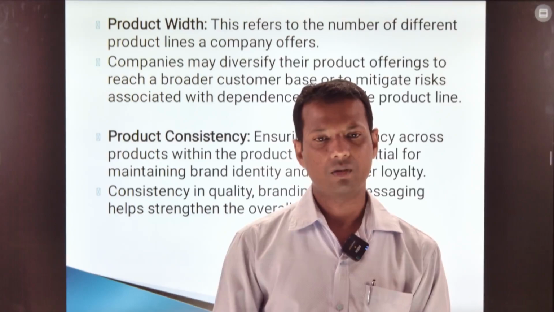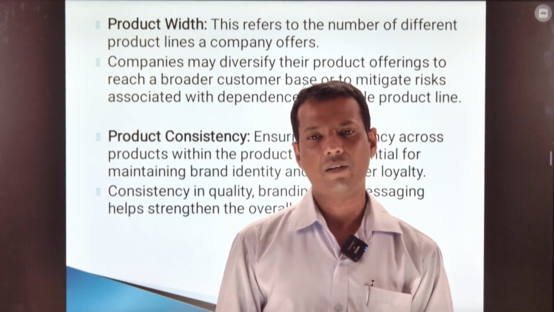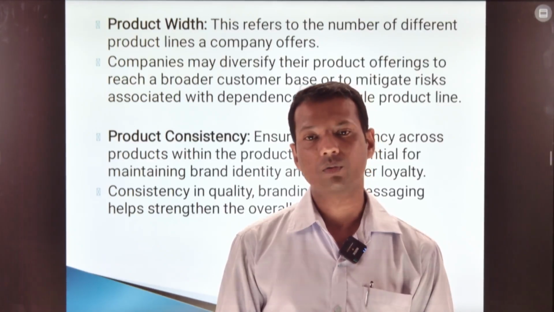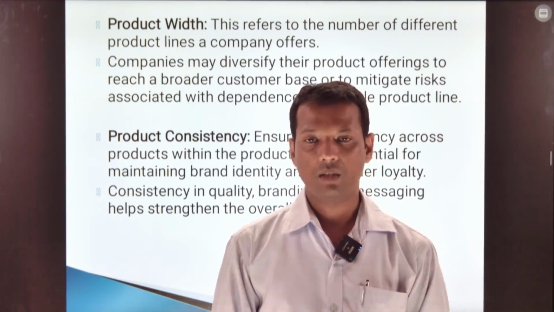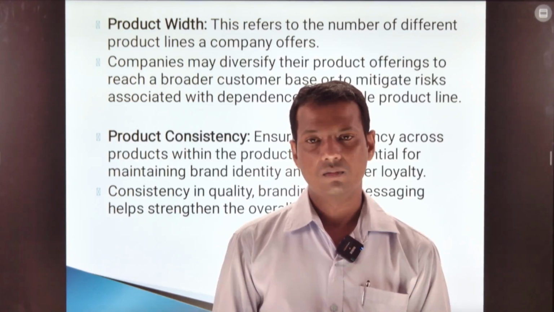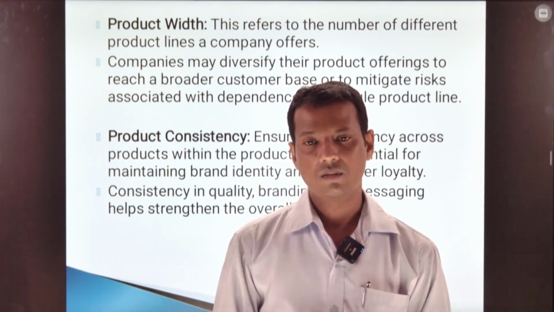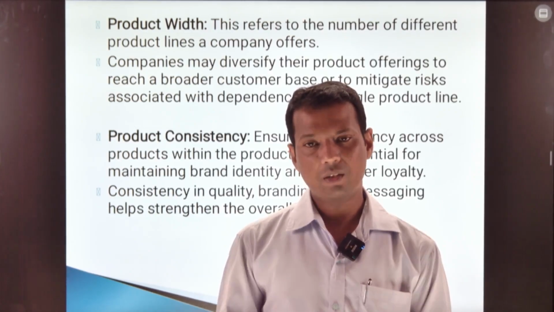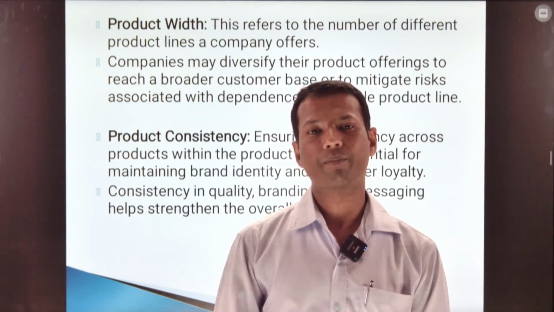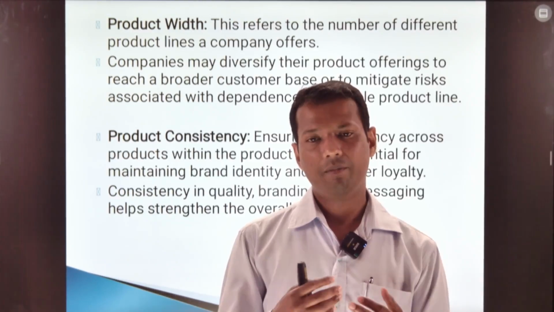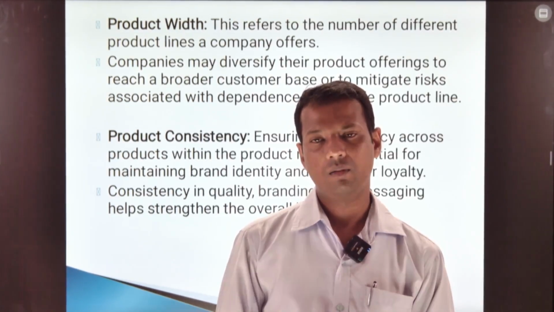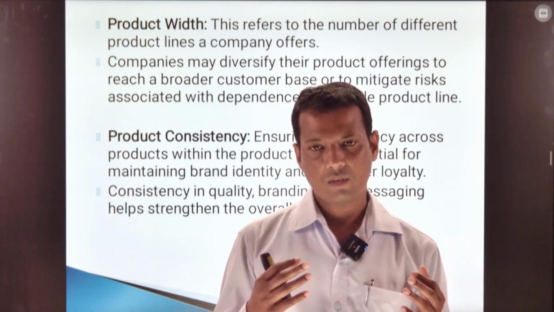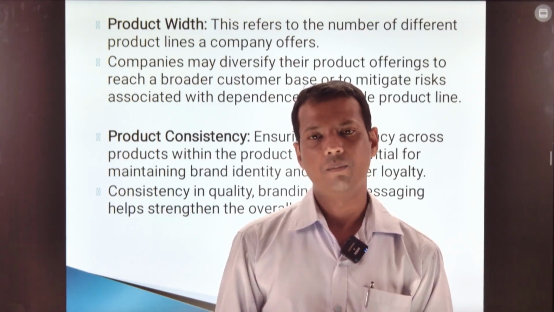For example, a company is manufacturing a single product, and what if that product doesn't go well with the customer? What happens? The company is in loss. So to avoid those risks, they have product width. That means they have multiple different product lines so that they can reach a broader base.